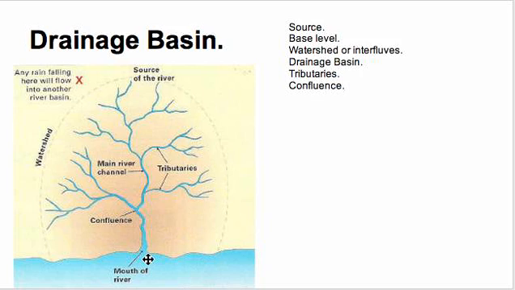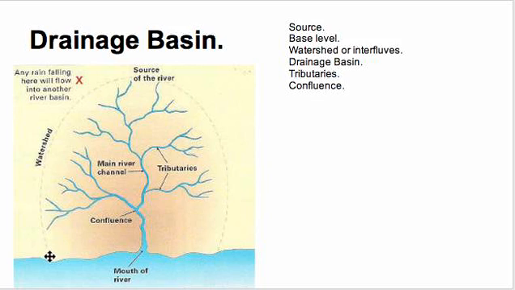The division between the two river systems is called a watershed, or it might also be called an interfluvial. If you imagine a raindrop falling at exactly this point here, which would be the top of the hill, in theory, it's got a 50-50 chance of going into this river, or a 50% chance of flowing the other way into another river.